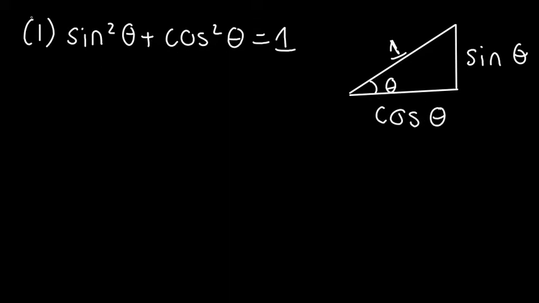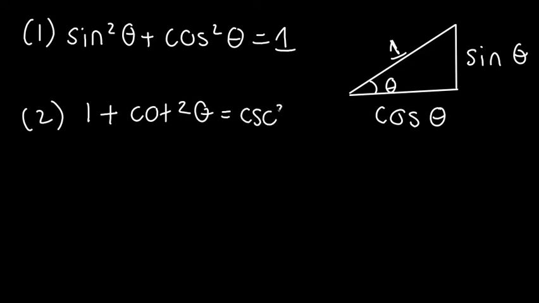And when we divide all of these terms by sine squared theta, we get the following: 1 plus cotangent squared theta is equal to cosecant squared theta.